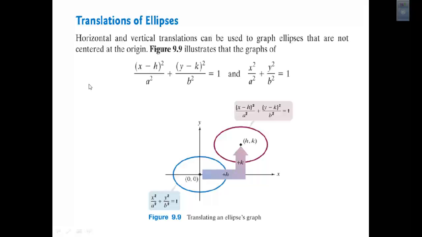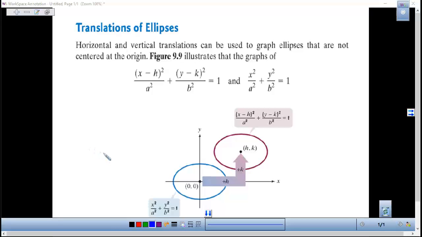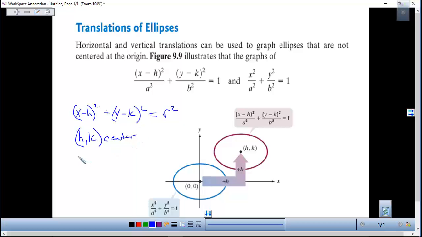If you remember, when you were in geometry, you should have learned that the equation for a circle is x minus h quantity squared plus y minus k quantity squared equals r squared. Well, this means that (h, k) is the center and r is the radius.